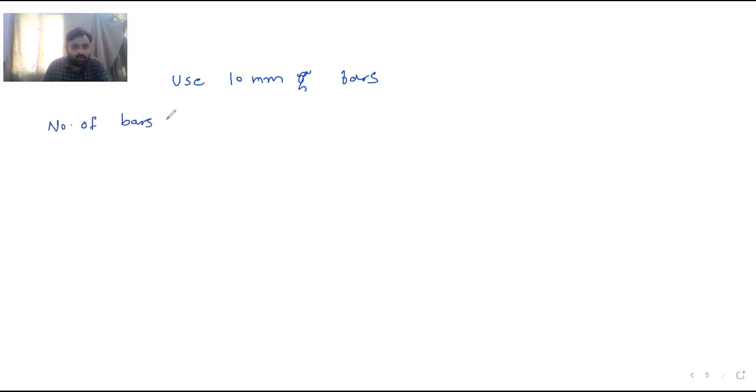The number of bars is equal to 450 divided by pi by 4 into 10 square. It is 5.7, which is nearly equal to 6 numbers. 6 number of bars are required.